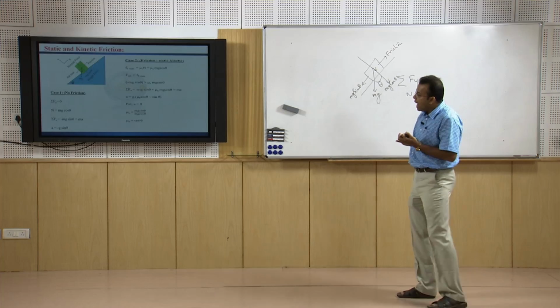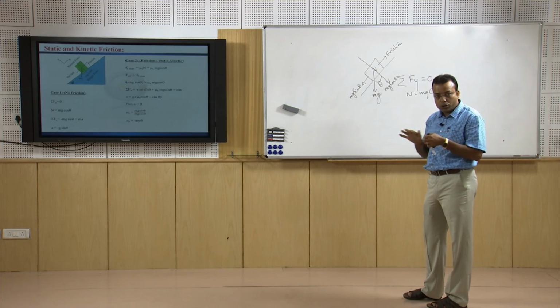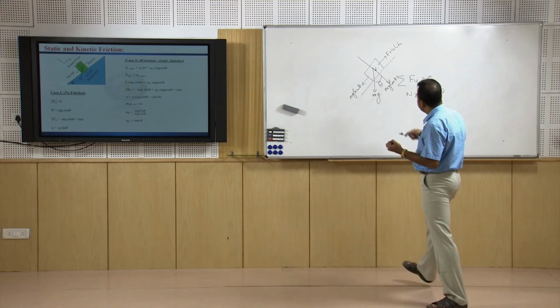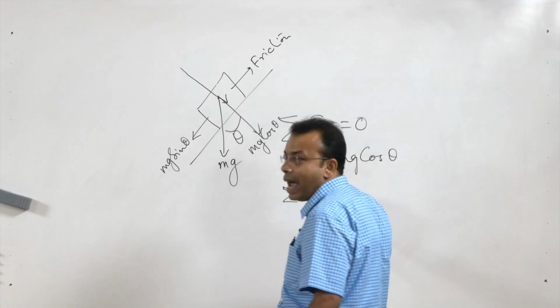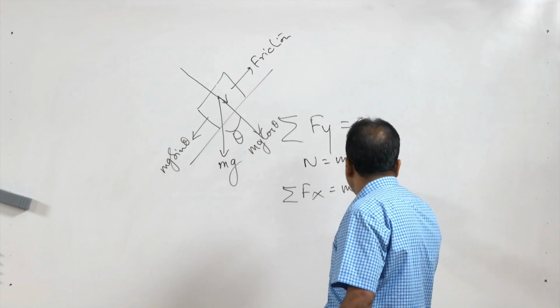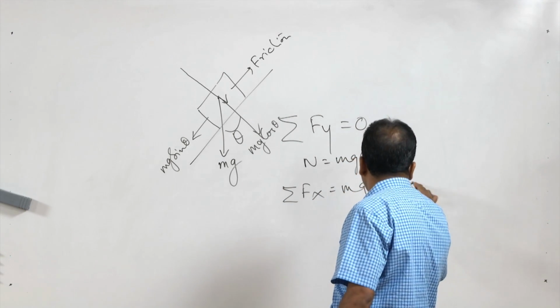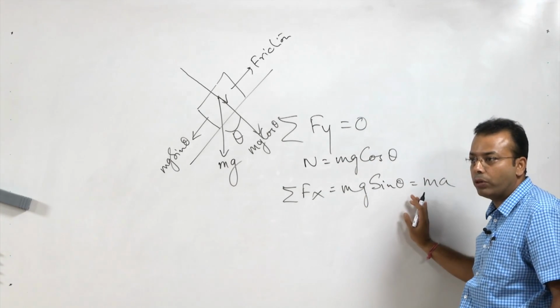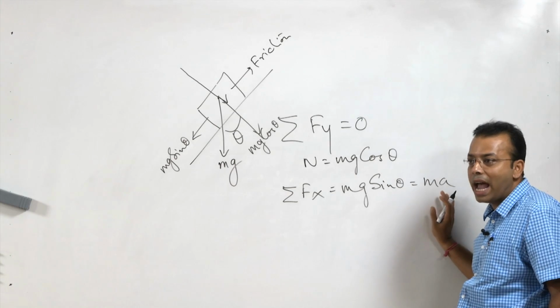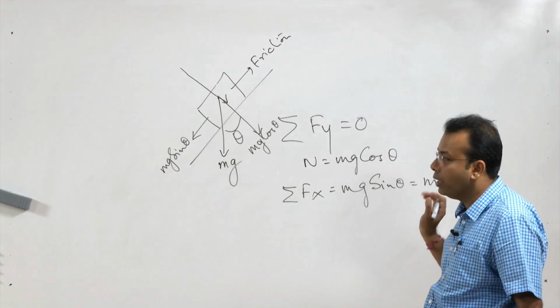And next, as its friction is totally 0, only this mg sin theta will act to its x axis, which is nothing but the ma. What is that ma? M is the mass of that particular body and a is the acceleration of that particular body.